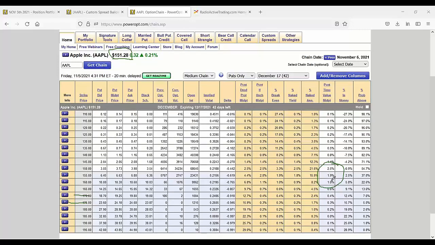The only way you get a lower cost basis is with the good time value, 1%, 1.5%, 2%, which you find at or slightly in the money. That gives you the better cost reduction going forward if you do want to be assigned at those prices.